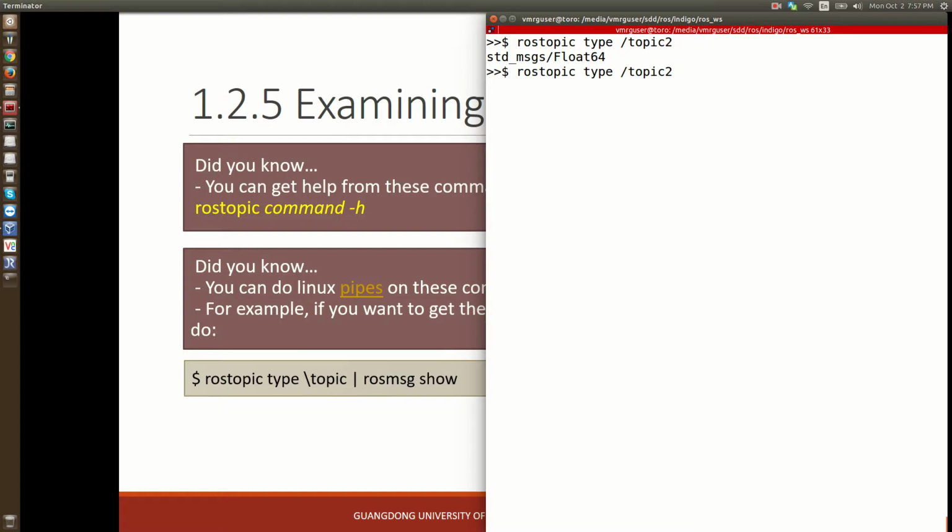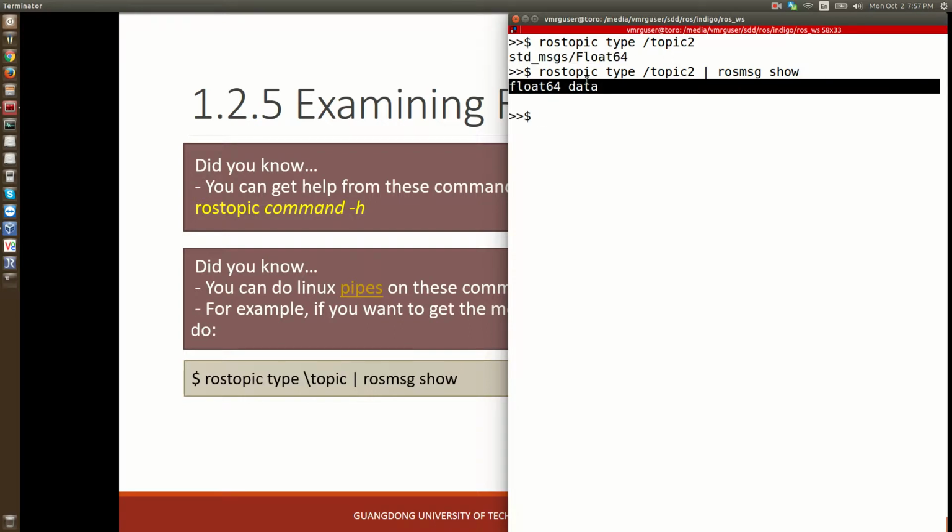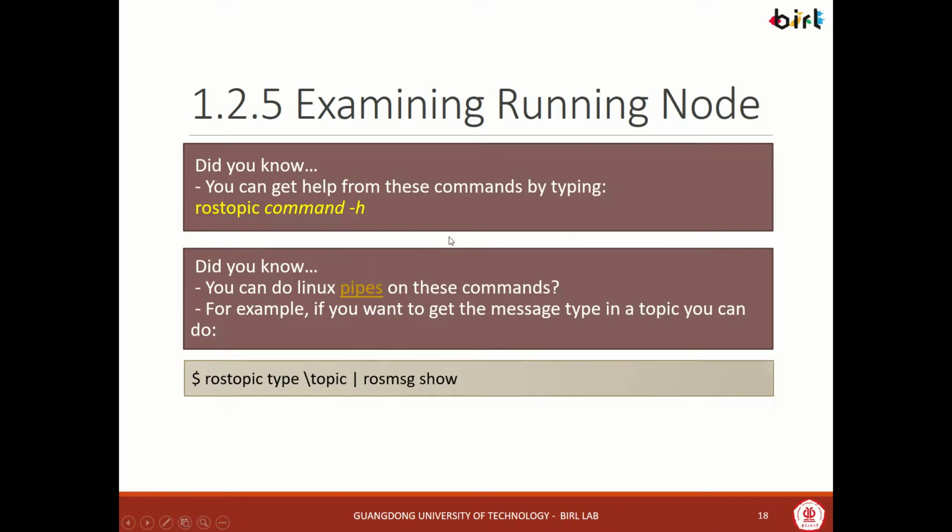But if I want to see what that message looks like, I can open my pipe here, then just say ROS message show, and this is as if I was copying this standard messages float 64 string here and putting it over here so that I can see what's inside of that data. So here it tells me, hey, this has the data element and it's of type float 64. So hope you can enjoy that and learn to use pipes to get extra information from your tools.